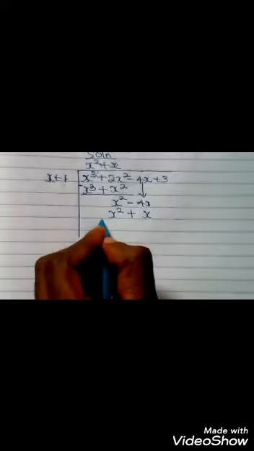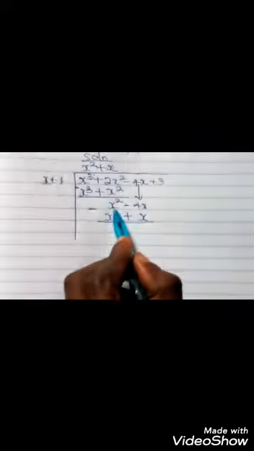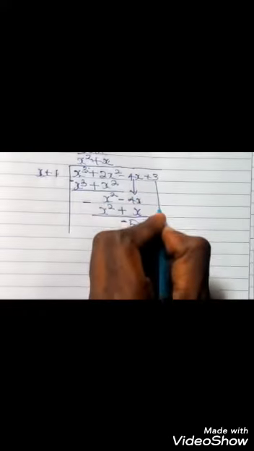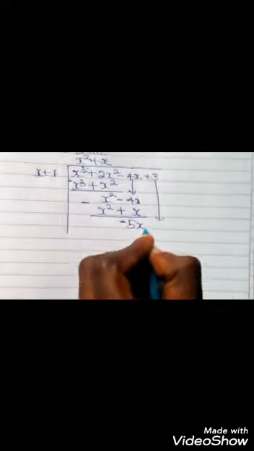We try to subtract, so x squared minus x squared is gone, minus 4x minus x gives minus 5x. We bring down plus 3.